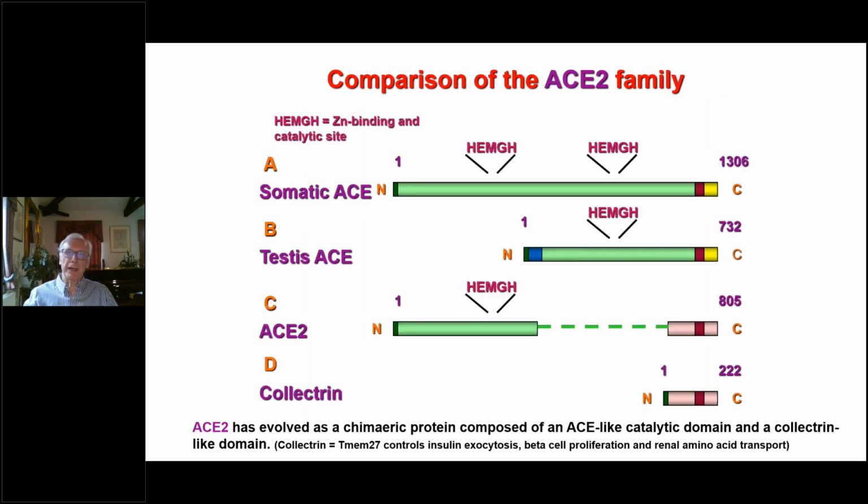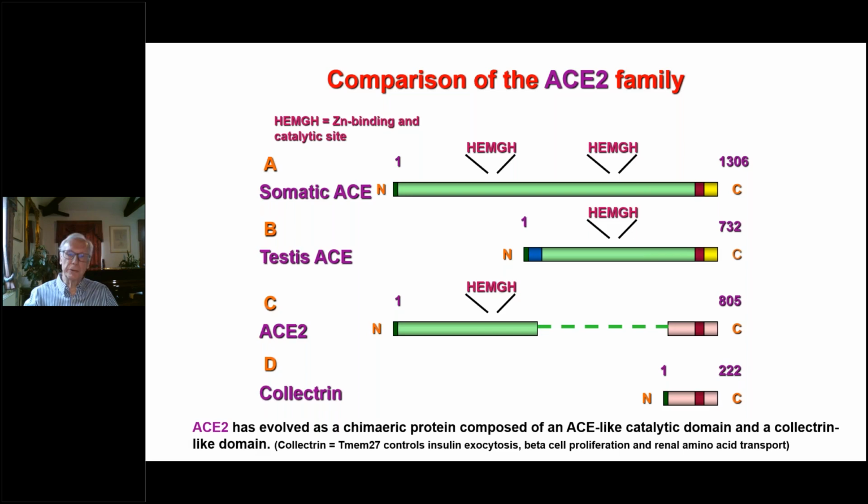So let's just compare the ACE2 family members. We have the somatic form of ACE that regulates blood pressure; it's a duplicated enzyme with two zinc-binding catalytic sites, whereas the testicular form of ACE is just the C-terminal portion of ACE.